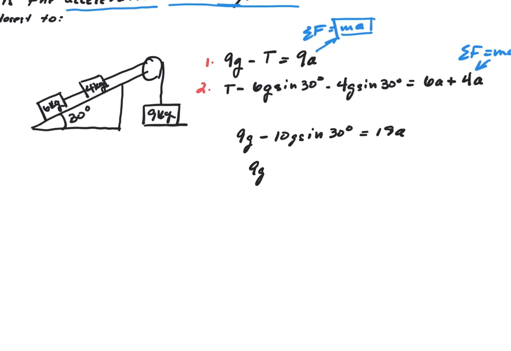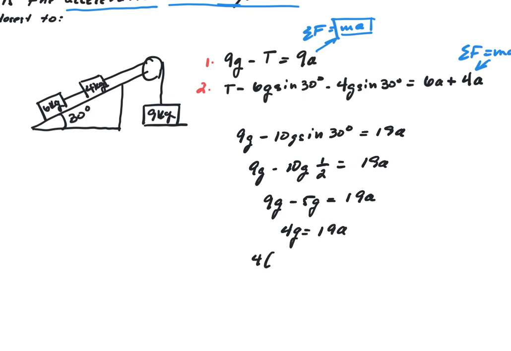Sin 30 is 1/2, so 9g minus 5g equals 19a, which works out to 4g equals 19a. So for 9.8, 19a.